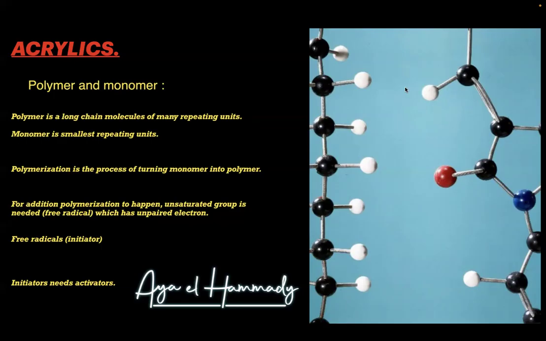I'm going to do the polymerization process, which is addition polymerization. I'm going to add something called an activator. This one plus this one gives me 1, 2, 3. How does it happen? I give it a little bit of a push, a little bit of activation material, to change from two to a lot. Is it clear now?